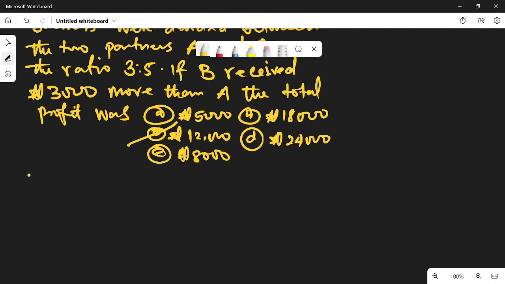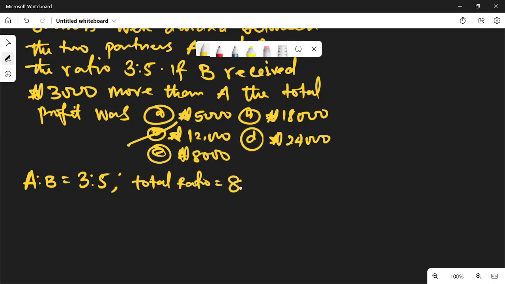Okay, so you have that A ratio B is given as 3:5, isn't it? So the first thing you look for is the total ratio. The total ratio is going to be 8. Now let the profit that they make be X naira.